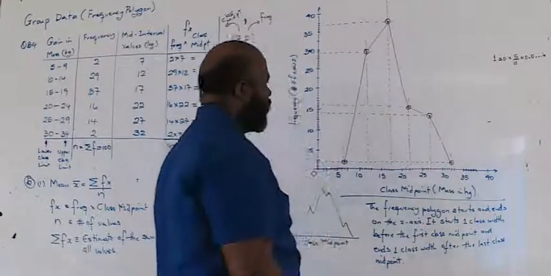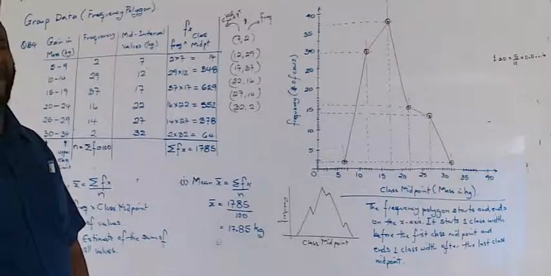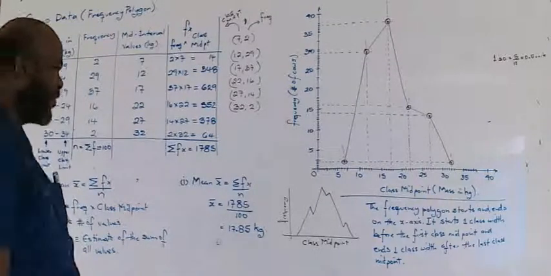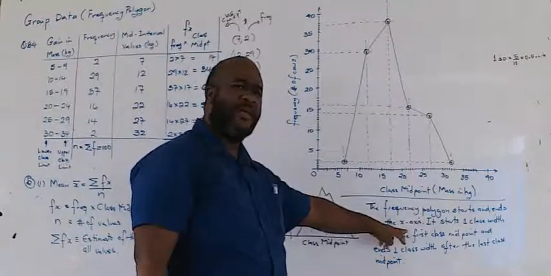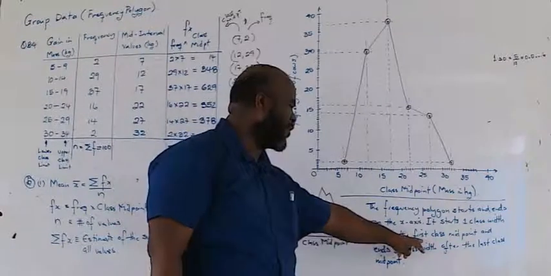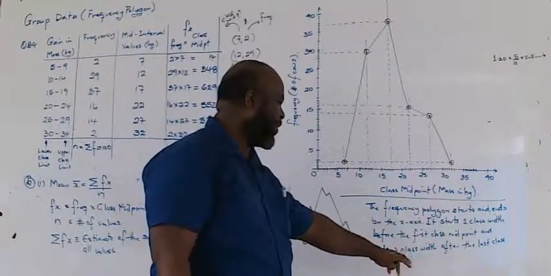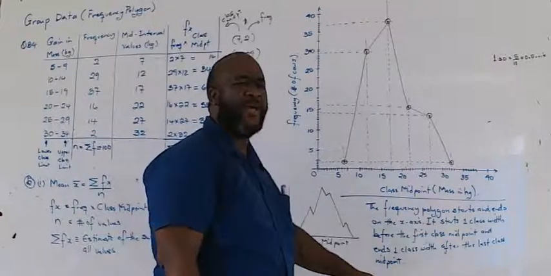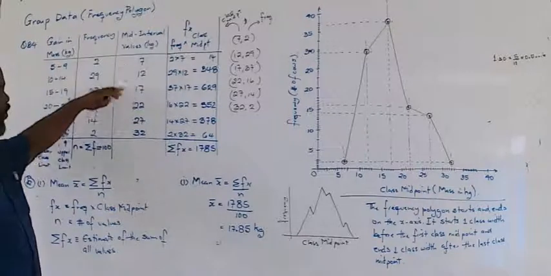Alright, it's almost finished. What we need to know now is where it starts and ends. Here's what I said: the frequency polygon starts and ends on the x-axis. It starts one class width before the first class midpoint, and ends one class width after the last class midpoint.